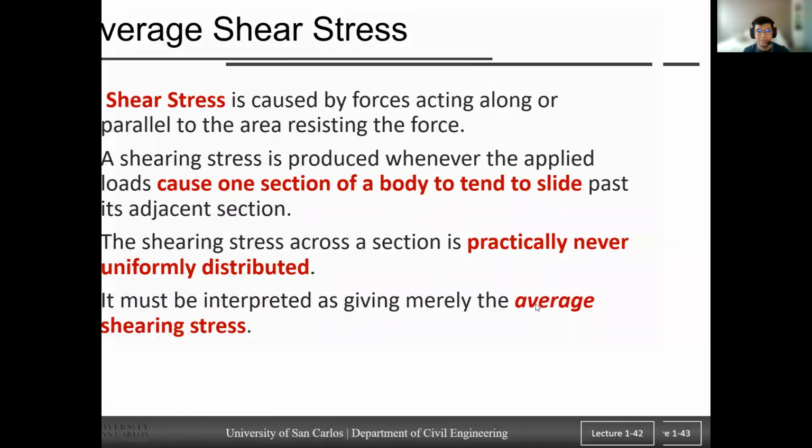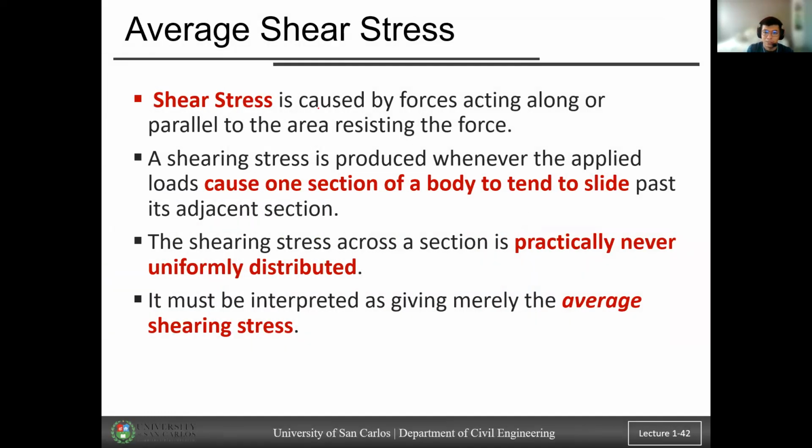Okay, so again, as I mentioned earlier, your shear stress is just acting along, or parallel to, the area of resistance. So forces acting along or parallel to the area.